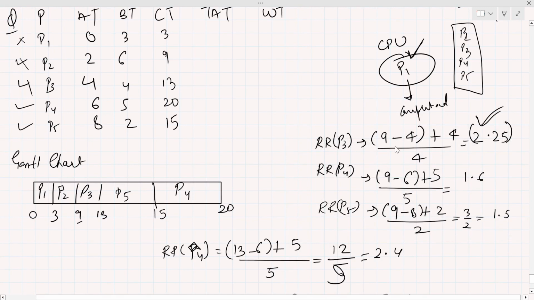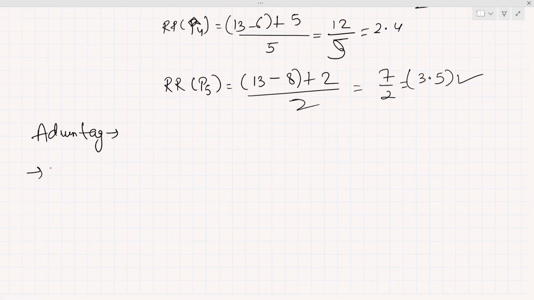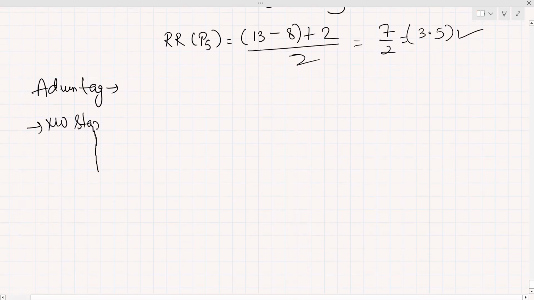We take waiting time into account so that those with a high waiting time will get the CPU as well. So the advantage is no starvation. Every process gets an equal chance, so there is no convoy effect as well.